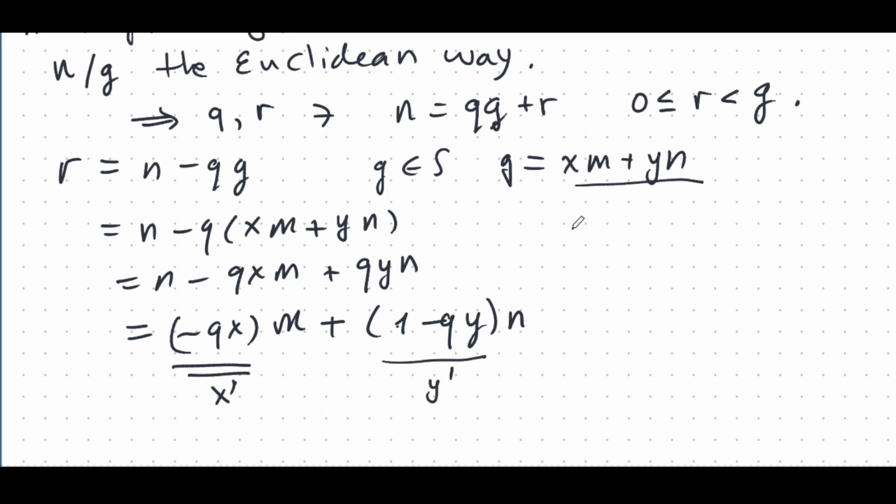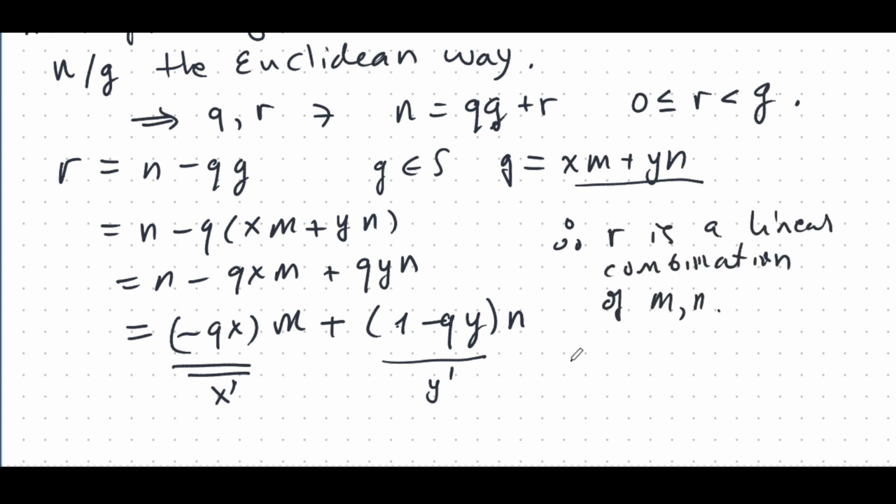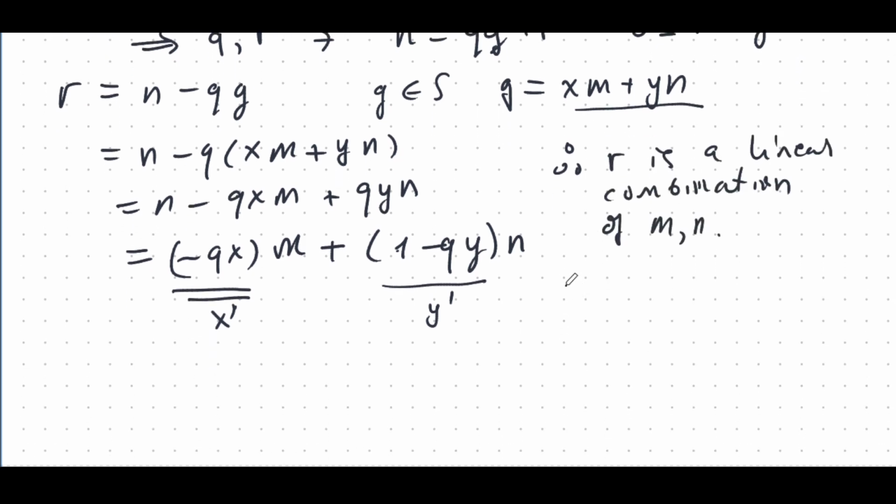And so therefore, this is a linear combination. R is a linear combination. Now, if R is greater than 0, then R is an element of S, and this is a contradiction.